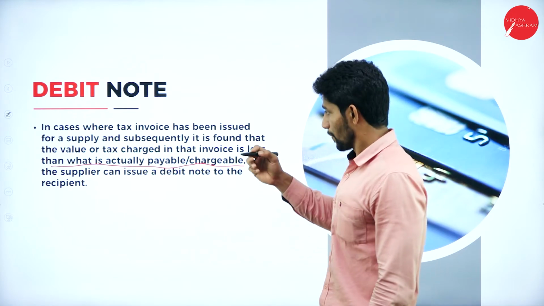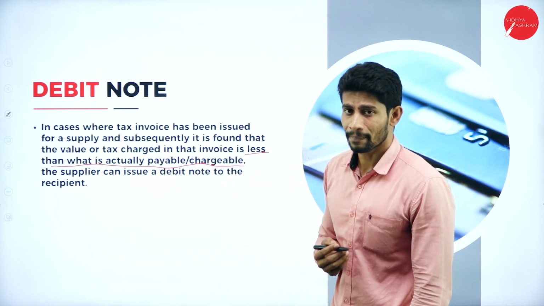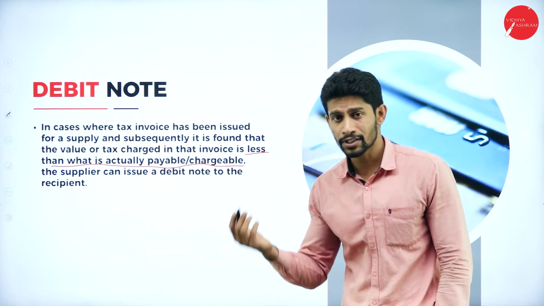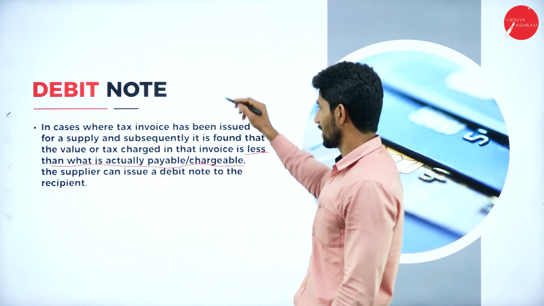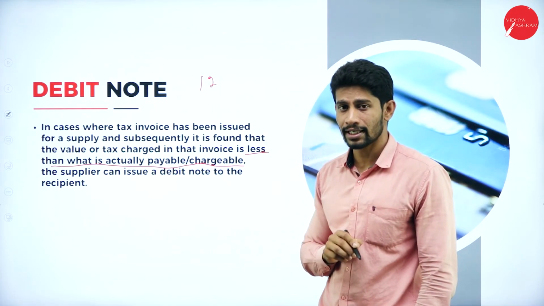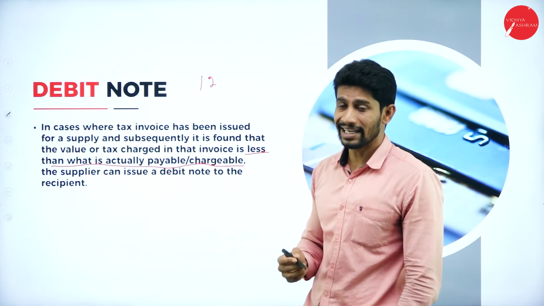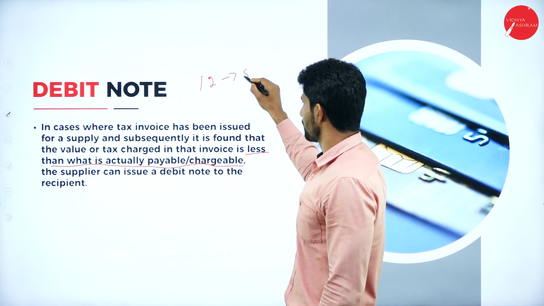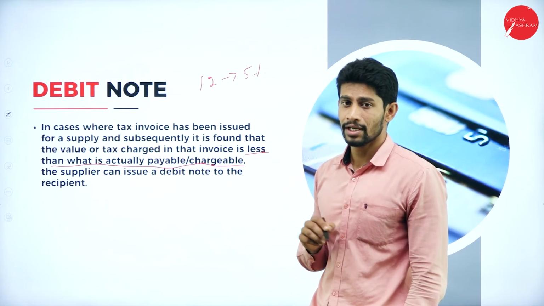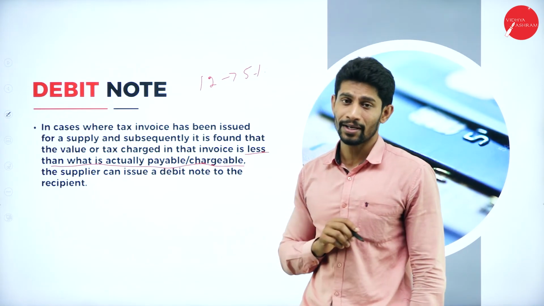Suppose we are supposed to collect the tax at 12%. But what I did, I collected only 5% of tax. I am supposed to collect 12%, but I collected only 5%.